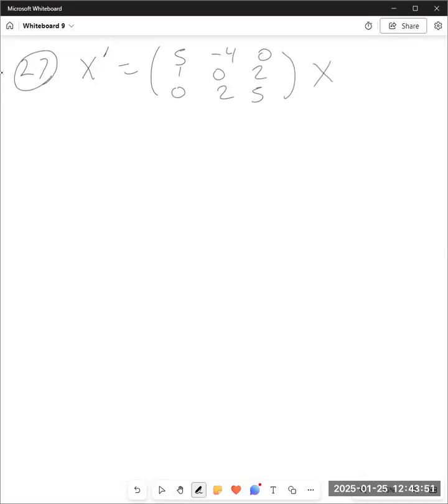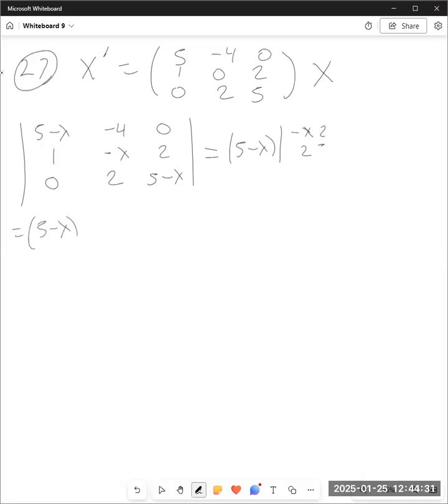So we're going to come up with our characteristic equation: determinant of 5 minus lambda, -4, 0, 1, negative lambda, 2, 0, 2, 5 minus lambda, and that equals 0. And I'm going to expand on column 1. So 5 minus lambda times the determinant of negative lambda, 2, 2, 5 minus lambda. Actually, let me just bring it down here, give myself a little bit more space.